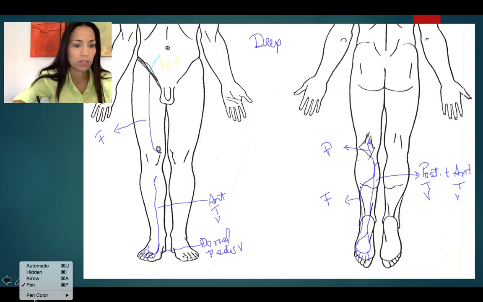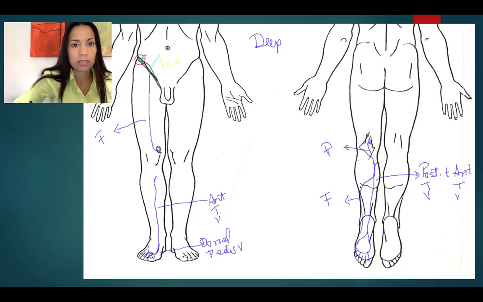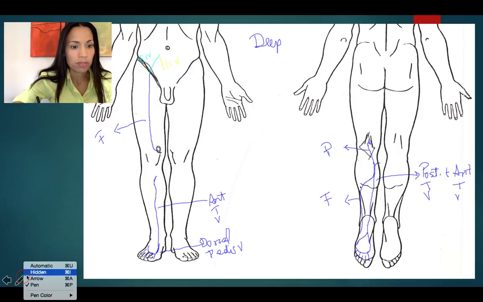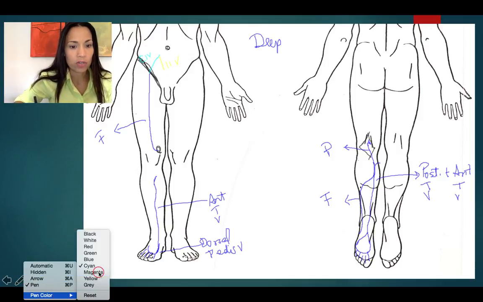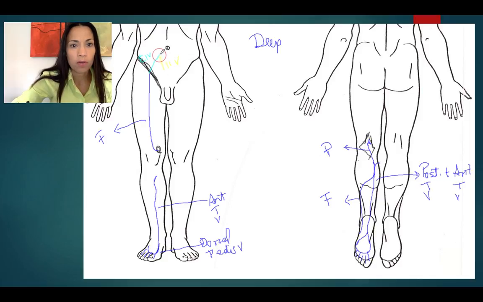And let's just label that so we're clear. This is the external iliac vein. Both the internal and external iliac veins form the common iliac vein.